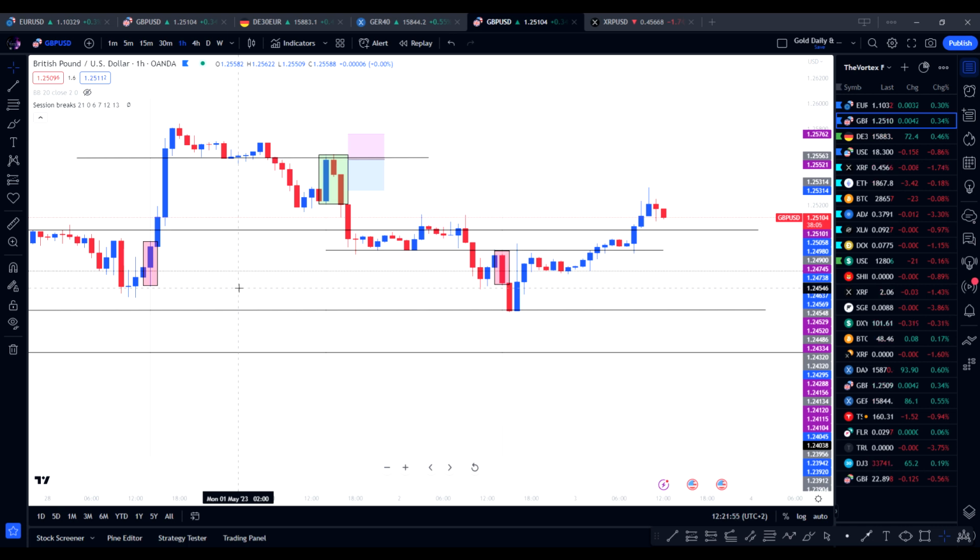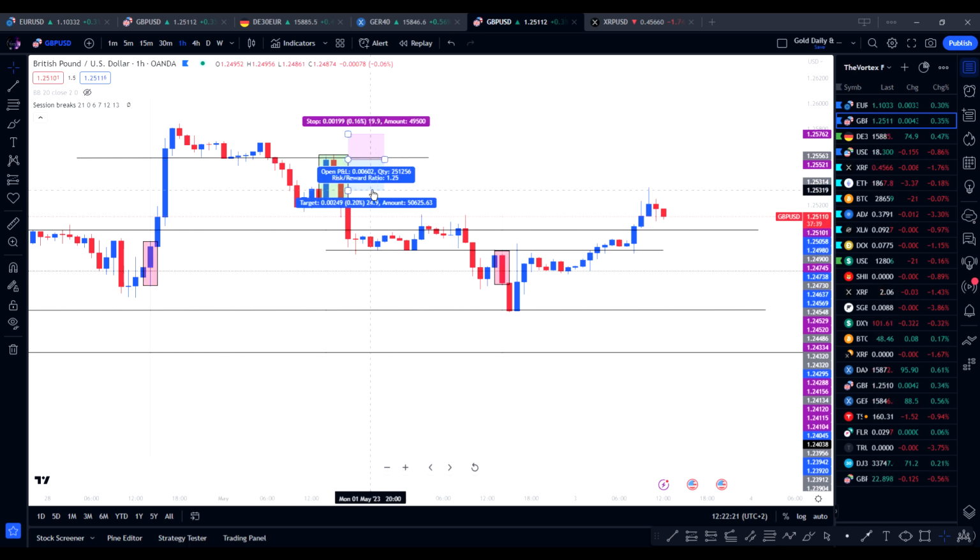Okay, so in January, trading from the 1st, and guys, this is within every possible trading day. Okay, so in January, we had a total of 13 wins and 8 losses. That would give us, if we were using a risk to reward of 1.2, and I'm saying 1.2 to account for possible spread.